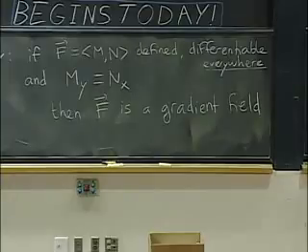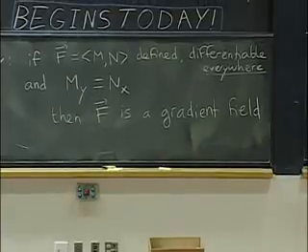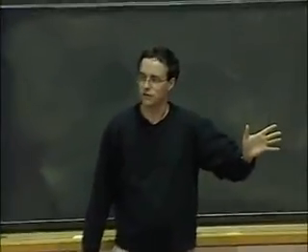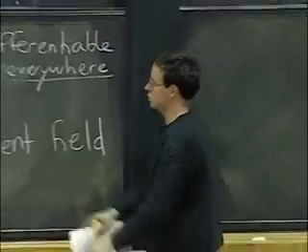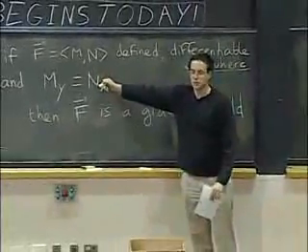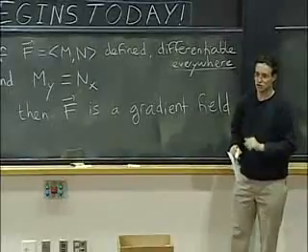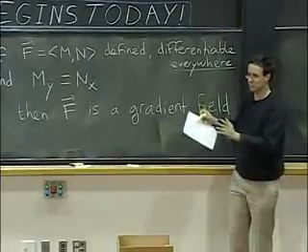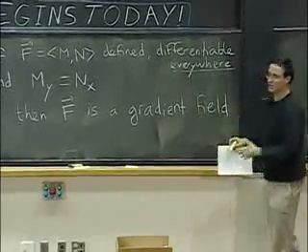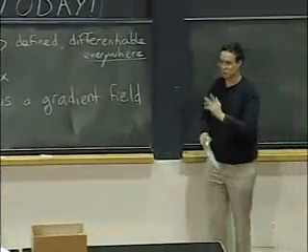You're not allowed to have places where it's not well defined. Otherwise, you have a counterexample on your problem set this week. If you look at the last problem on the problem set, it gives you a vector field that satisfies this condition everywhere where it's defined, but there's a point where it's not defined, and everything I'm going to say today breaks down for that example because of that.